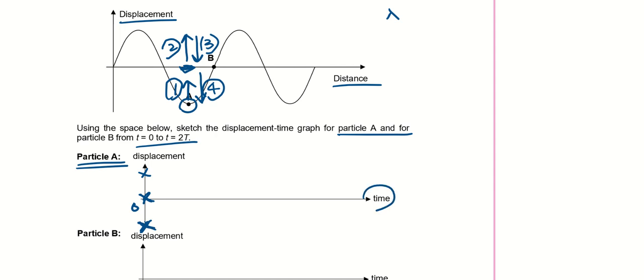But as time goes by, it will not be at the same position, right? So let's say this is one period. We split up each period into 4 equal quarters. Where will it be after one step? Over here.